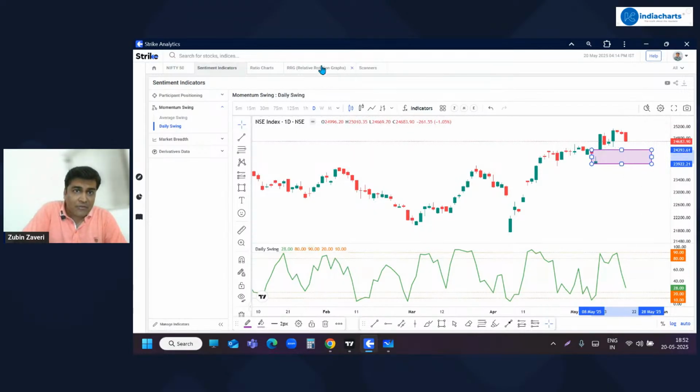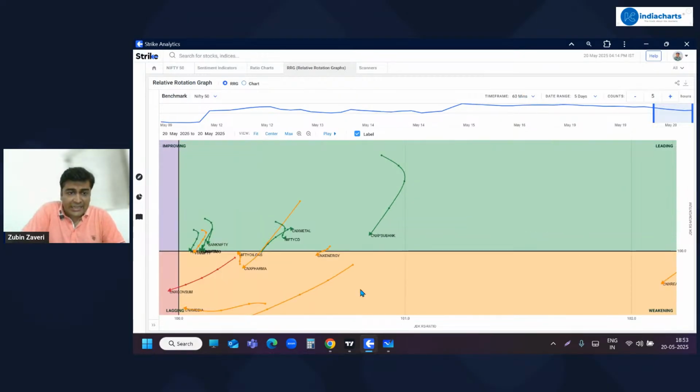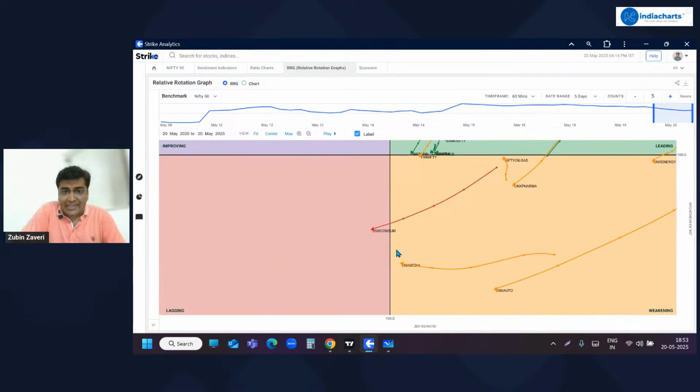When we go to RRG and look at the 60-minute time frame chart, we see CNX consumer has entered into the lagging quadrant. So for the next couple of hours tomorrow, you check the consumer sector and look at the consumer stocks which are weak.